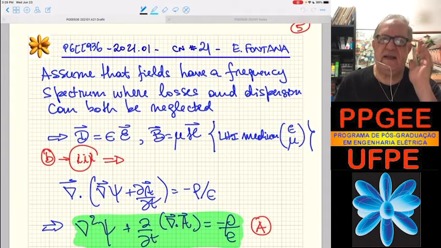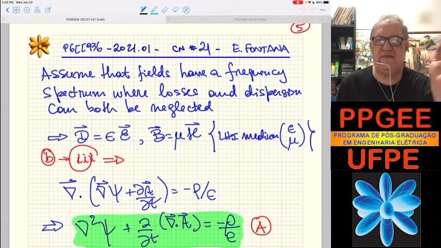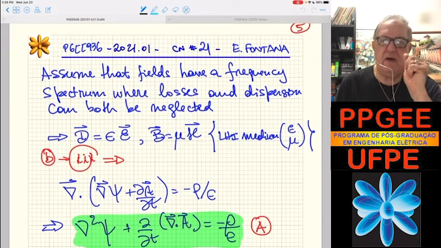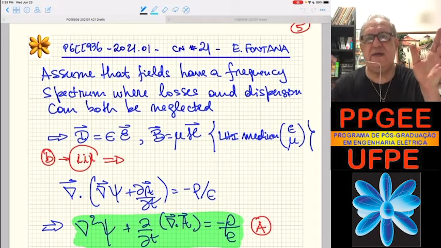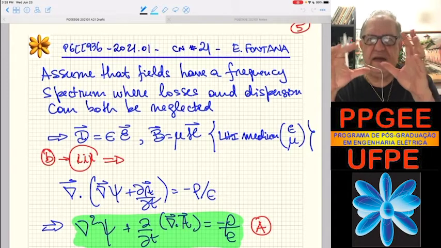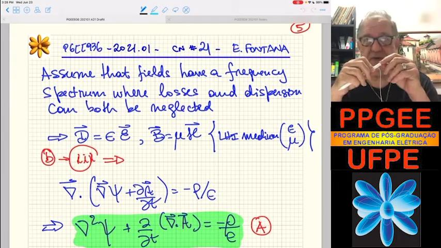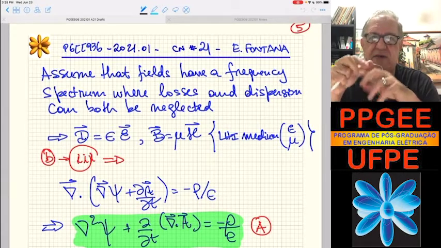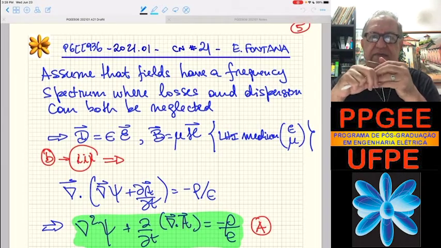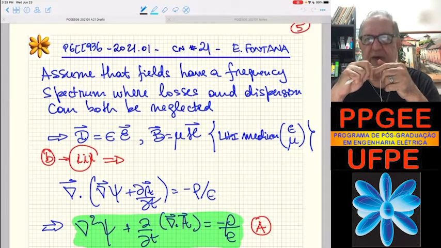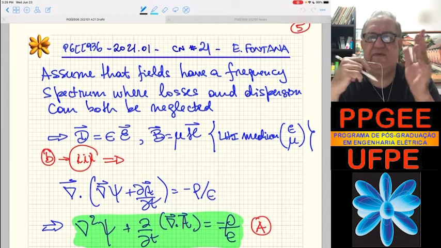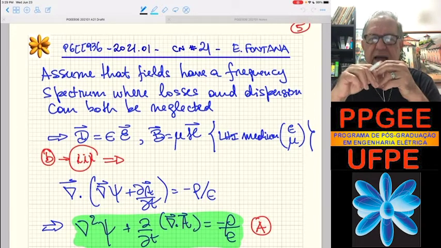So at a given frequency you have one permittivity, at another frequency you have a different permittivity. So it's a function of frequency. But there are regions in which this variation is very negligible. We are going to see that in the final lectures of this course. We're going to talk about the interaction of plane waves with materials, using a very simple model.